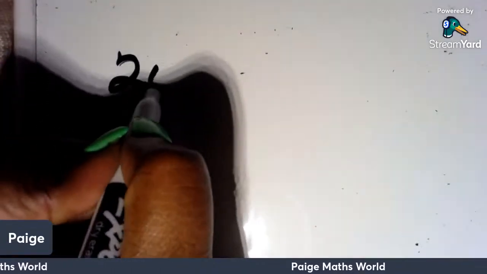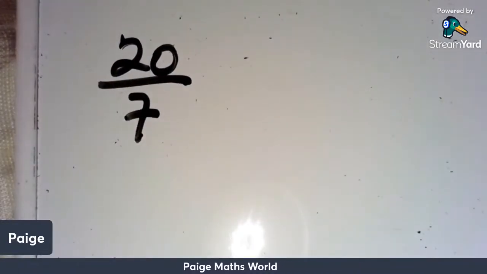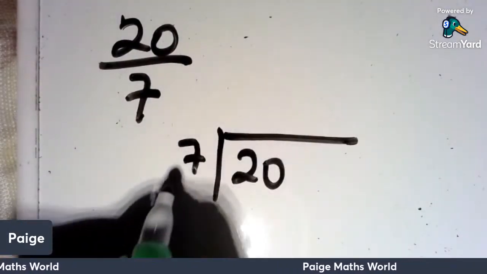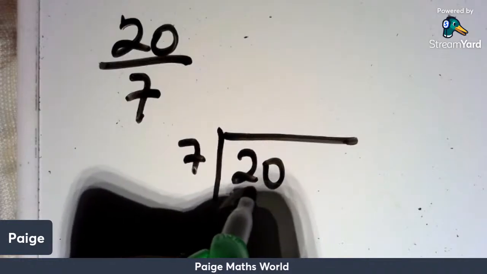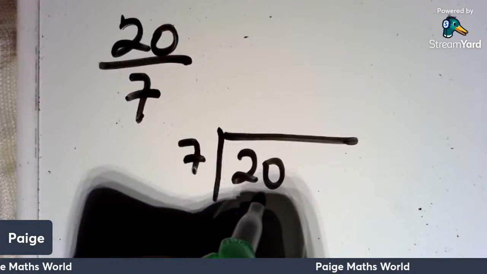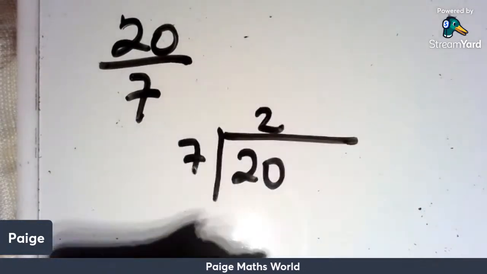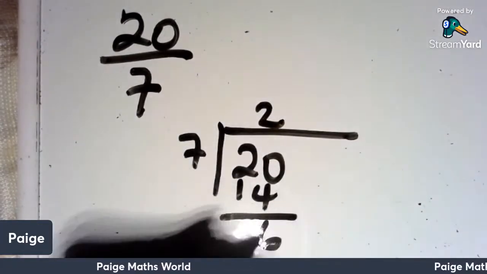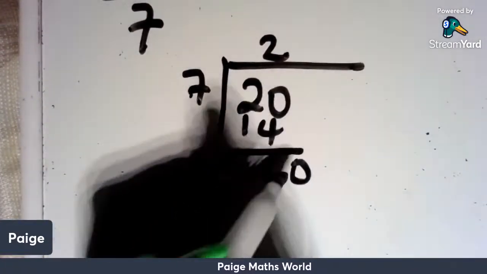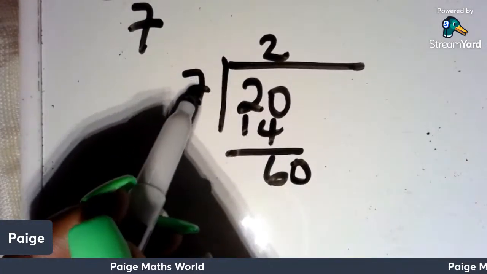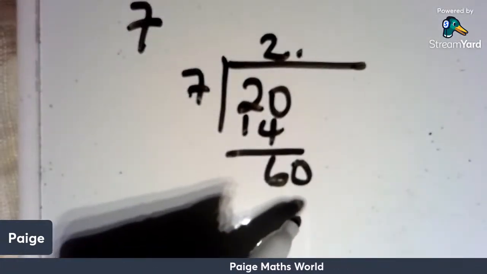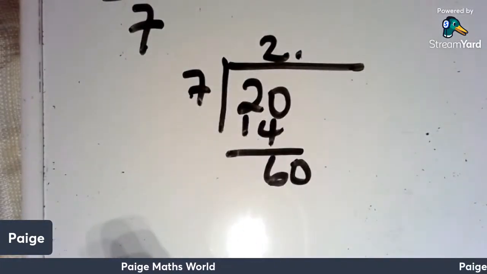So if you had 20 upon 7, you would have to put the 7 on the outside, of course, and 20 on the inside. 7 into 20 goes 2 times, because 2 7s are 14, and we're going to have 6 remaining. 7 into 6 you can't, so you're going to add a 0. When you add a 0 for the very first time, you're going to put a decimal point, right?